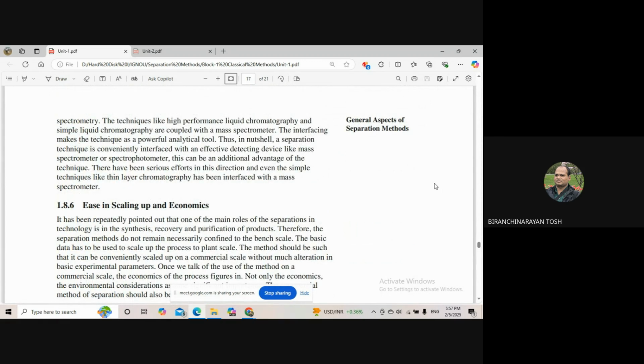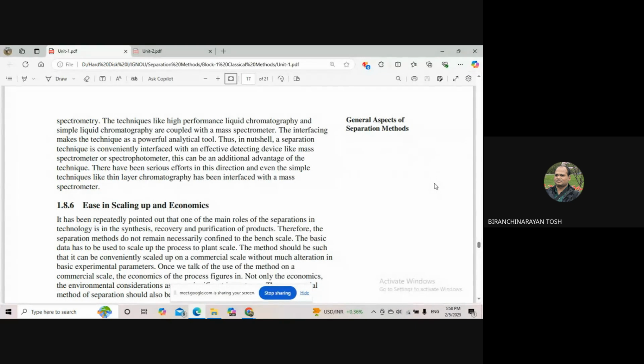Techniques like high performance liquid chromatography and simple liquid chromatography are coupled with a mass spectrophotometer, just like GCMS, as HPLC-MS. The interfacing makes the technique a powerful analytical tool.